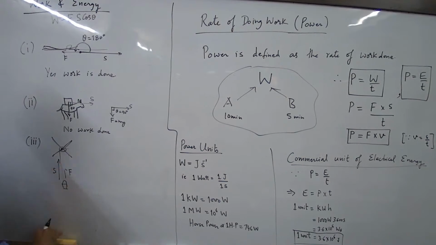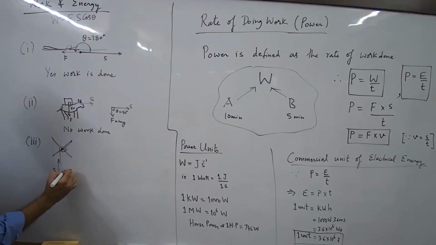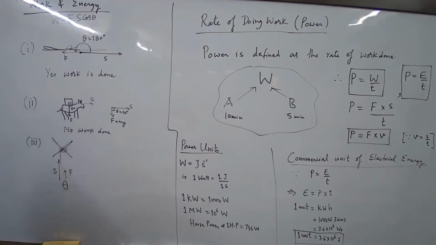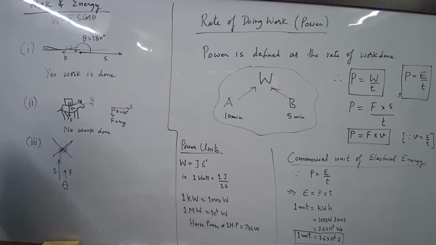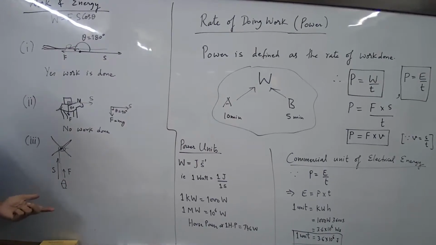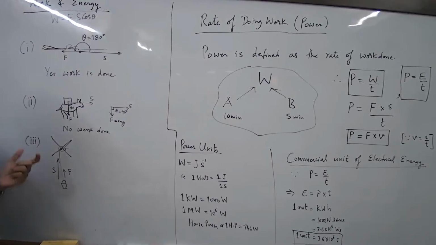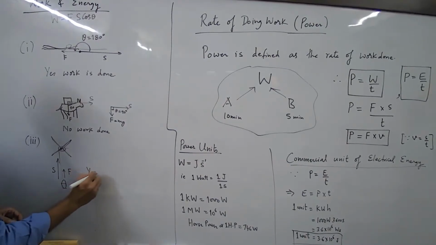Positive or negative? Positive. Who is lifting? The windmill. Whose work are we asking, gravity's or the windmill's? The windmill's. Work is done in a situation depending on the context. So yes, work is done.